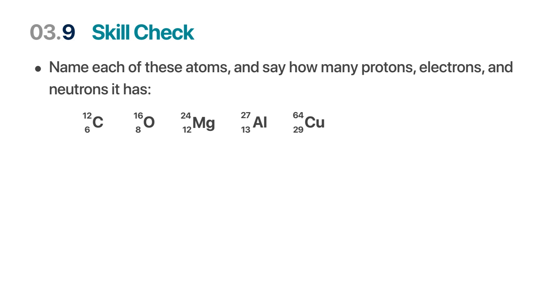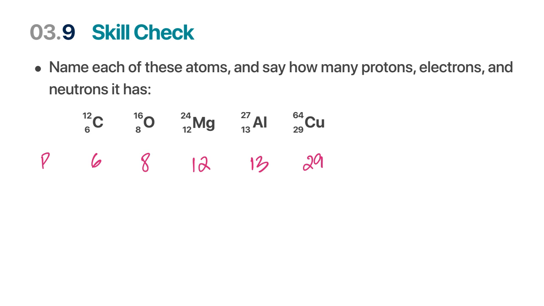So let's identify all the number of protons for each of these. Carbon has 6, oxygen has 8, magnesium has 12, aluminium or aluminum has 13, copper has 29. And the number of electrons for all of these will match.